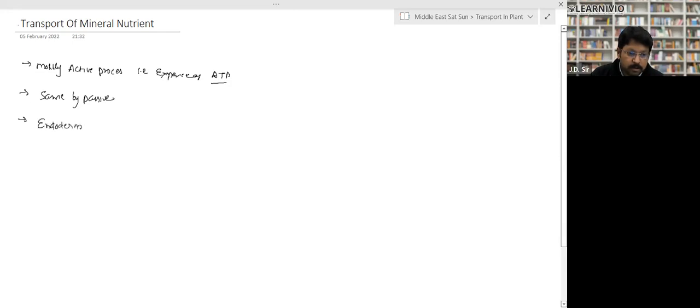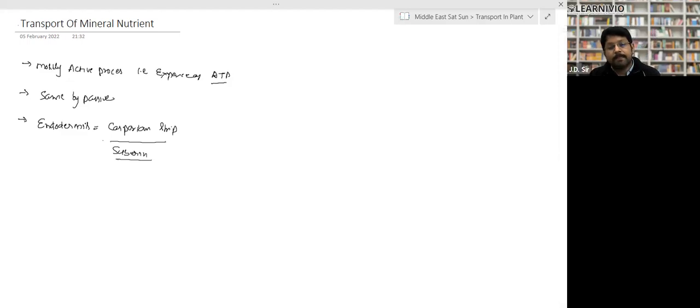Endodermis has Casparian strip, and this strip is made up of suberin. So apoplastic pathway is not possible through this Casparian strip, right?